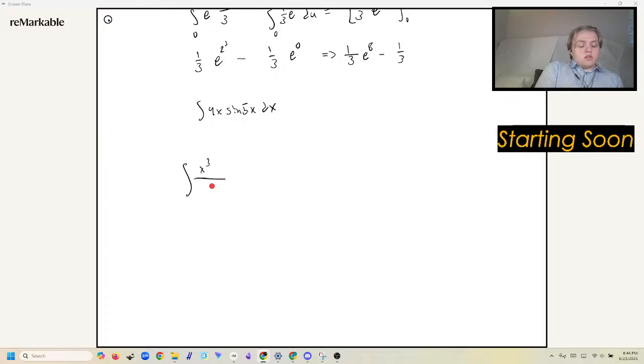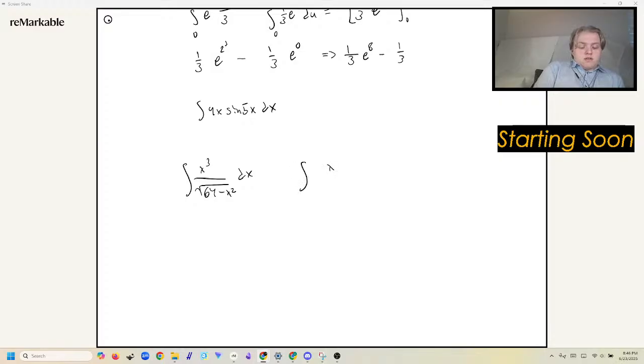x cubed over the square root of 64 minus x squared dx. Let's see what we're doing here. It looks like we have a general form here where we can do trig substitution.